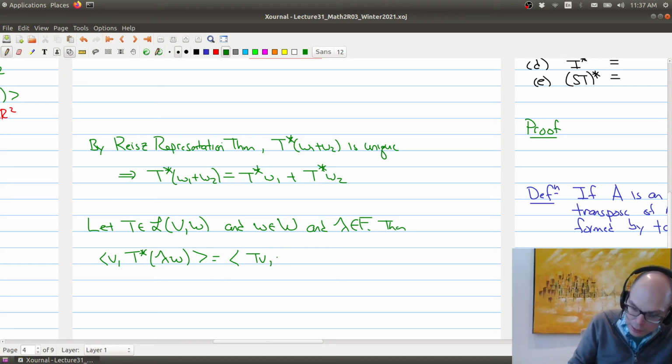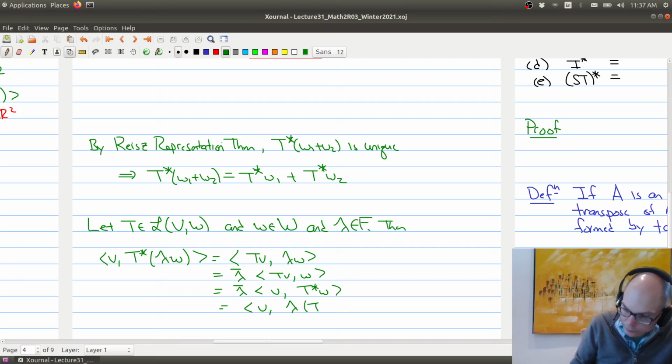This is the same thing as the inner product of TV with lambda W. Now we can pull out the lambda, but because it's in the second spot, we have to take the conjugate. So we get the conjugate of lambda times the inner product of TV with W. Now using the definition of the adjoint again, we can put this into the order V, adjoint of T W. And then we can pull the lambda back in again, so we get the inner product of V with lambda T star W.